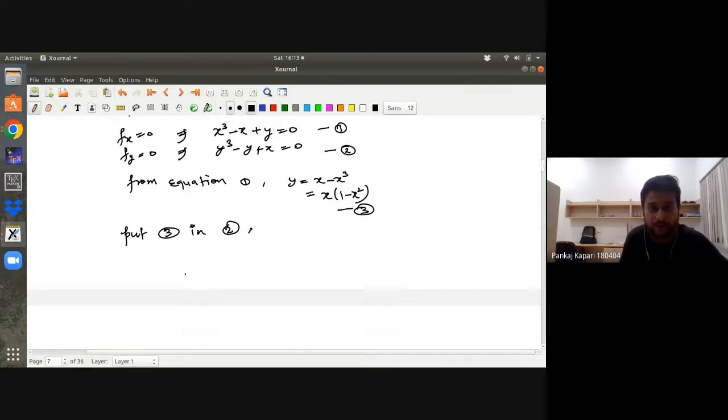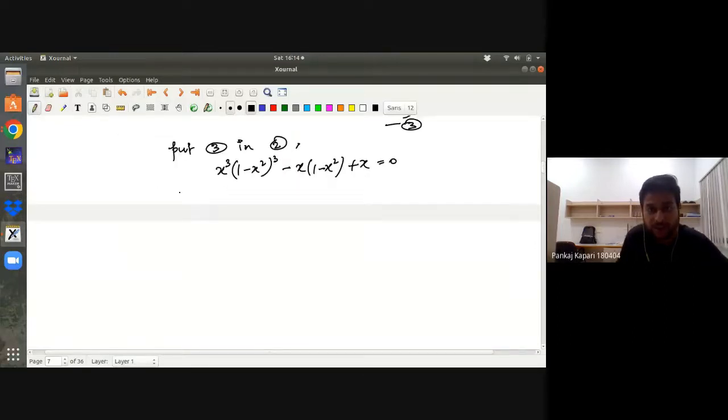So y cubed means x cubed times (1 minus x square) whole cubed, minus y plus x equals 0. Now notice that we can take x common. So this becomes x times [x square (1 minus x square) cubed minus (1 minus x square) plus 1].